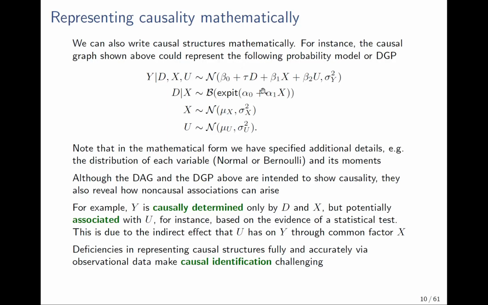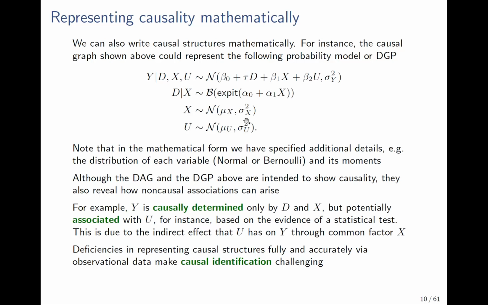Okay, so this is the probability model written in probabilistic notation. We have y normally distributed with a mean that depends on d, x and u, and a variance given by sigma squared y. D depends on x. It is Bernoulli distributed with parameter p determined by x, the probability.